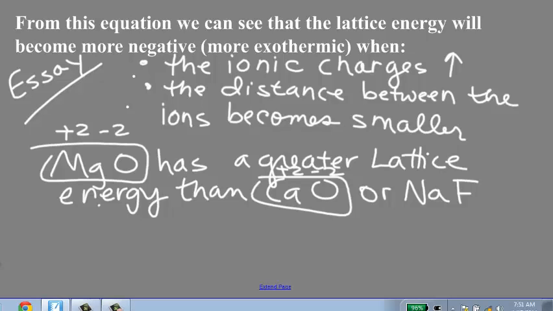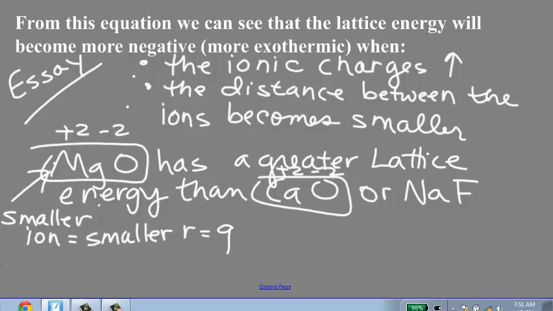And if Mg is a smaller ion, the R will be smaller, which would make a greater lattice energy. Okay? And if I'm writing an essay, I would write the equation to show that. See the equation below, right? The smaller the denominator, the bigger the lattice energy.